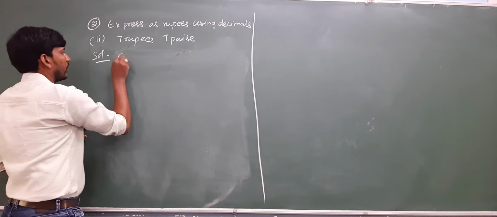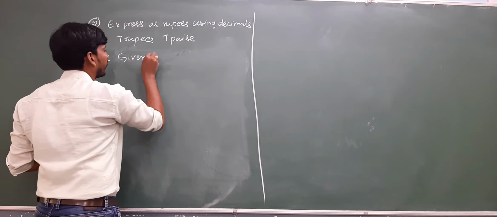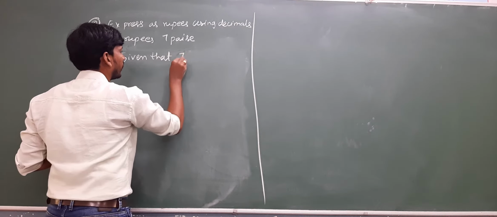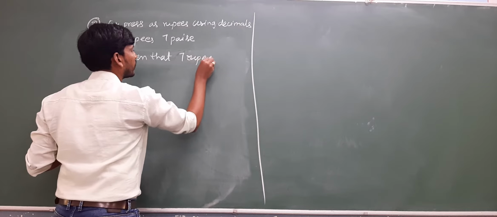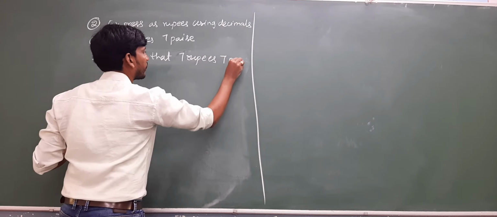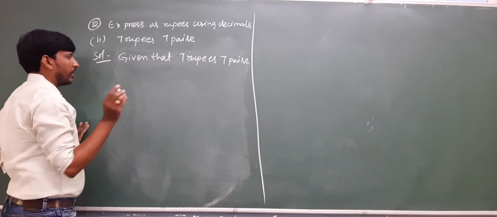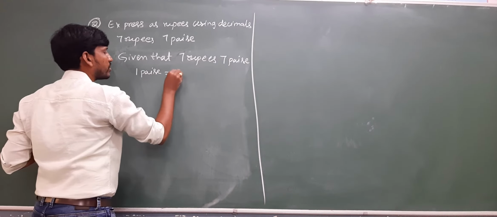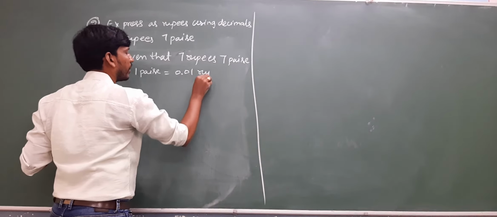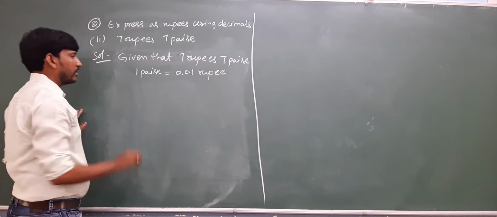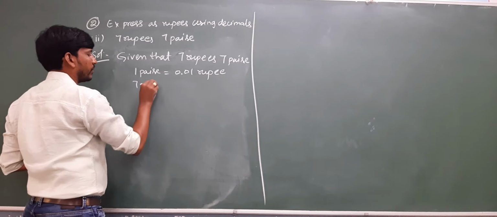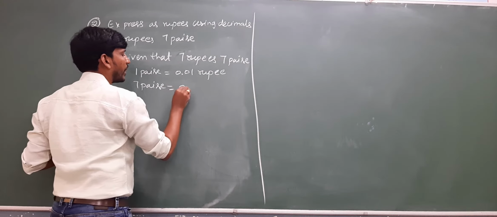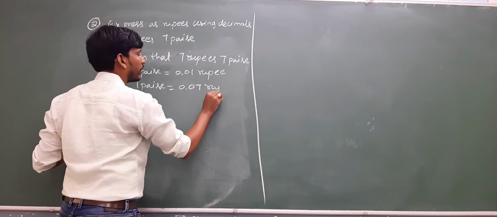See this here. Given that 7 rupees 7 paisa. Already I told you, 1 paisa is equal to 0.01 rupee. Same way, 7 paisa is equal to 0.07 rupee.